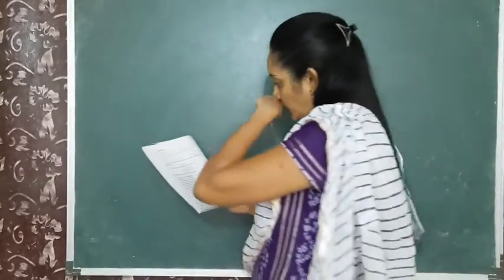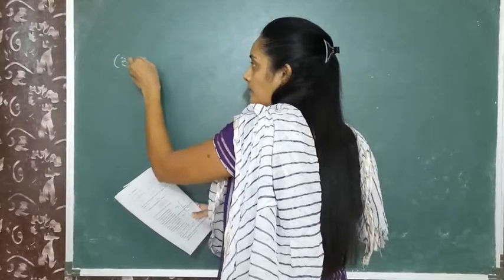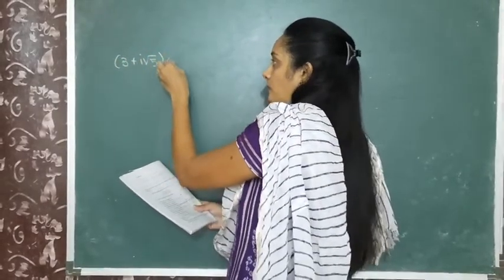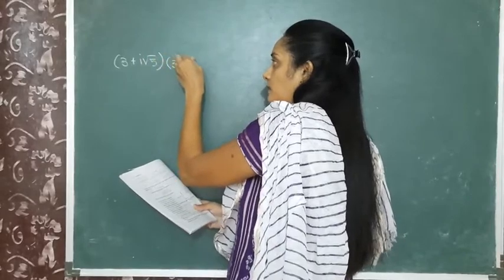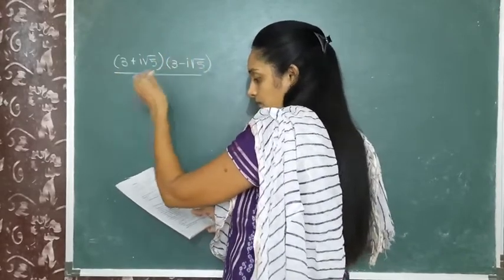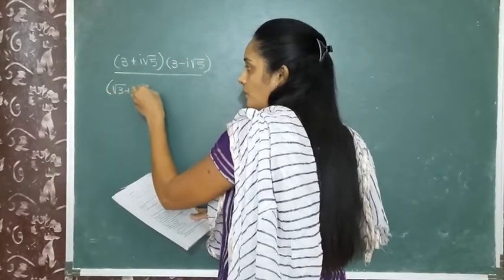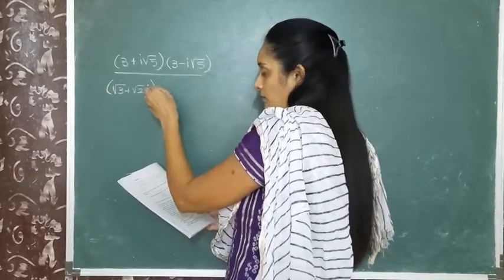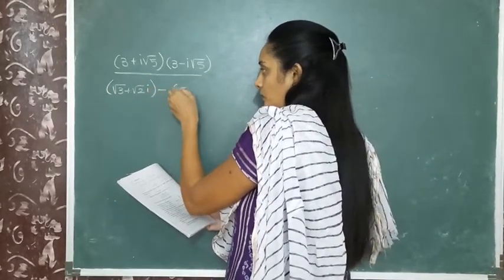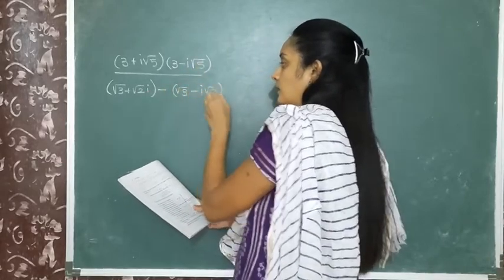Okay, so now the next question is (3 plus i root 5)(3 minus i root 5) upon (root 3 plus root 2i) minus (root 3 minus i root 2).